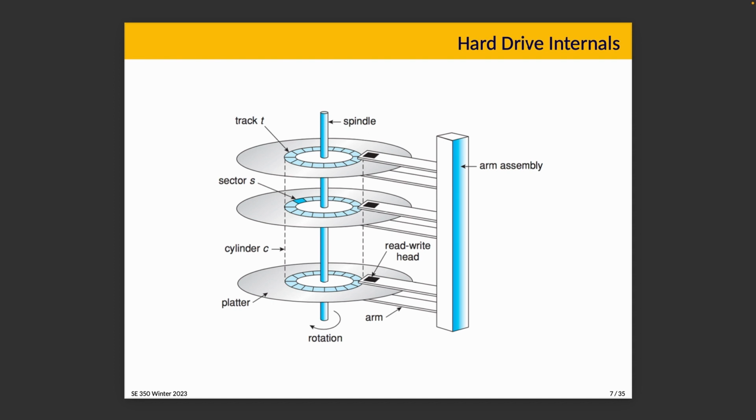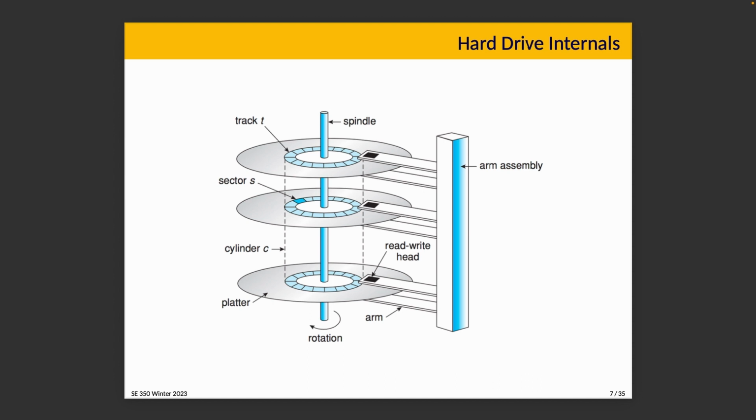Each track is divided up into some number of sectors. Sectors are also referred to as blocks. And a set of tracks that is stacked vertically is called a cylinder. So in the diagram, we can see there's cylinder C that consists of tracks on different platters, and they go from top to bottom.